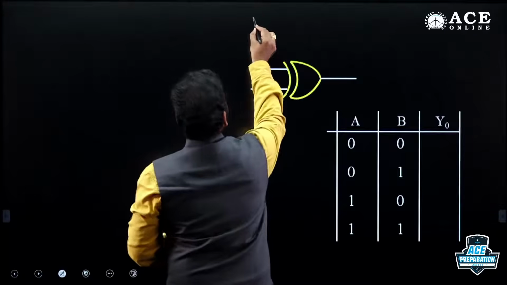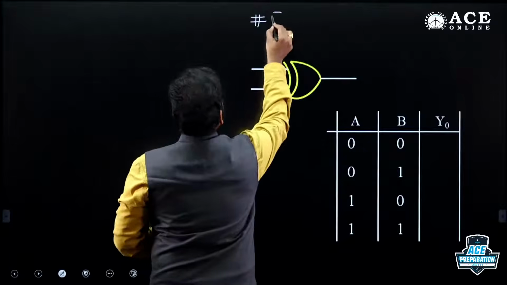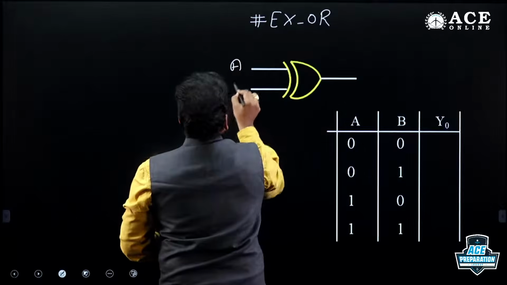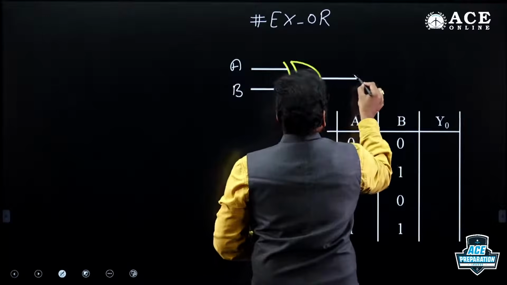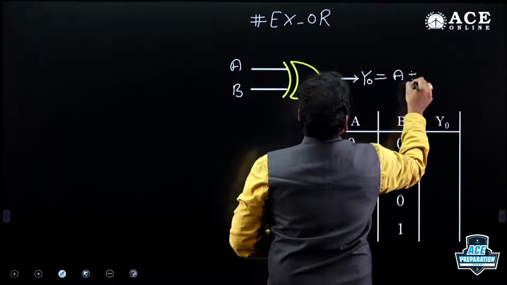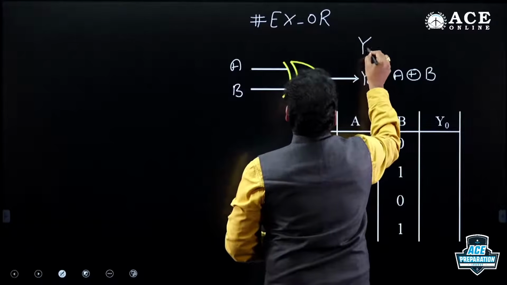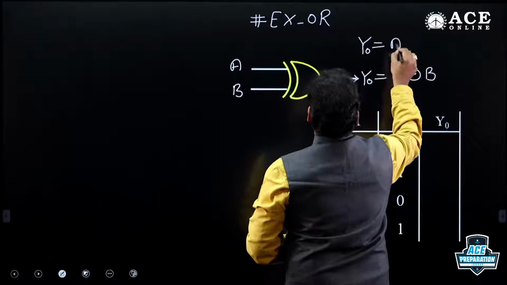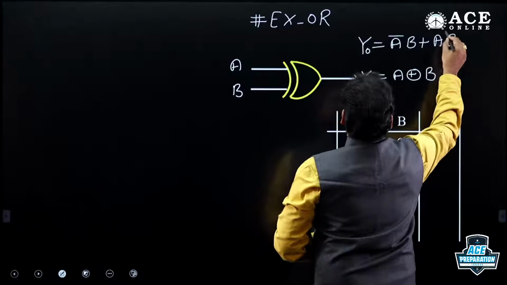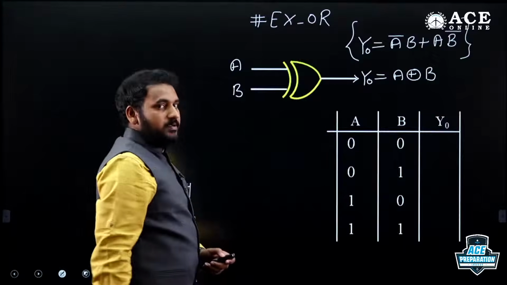Yes, very important logic gate, exclusive OR gate. A and B are the inputs and output Y is equal to A XOR B symbolically, or we can write the function as A bar B plus A B bar.